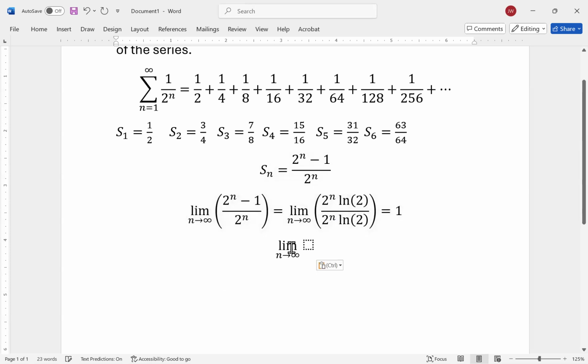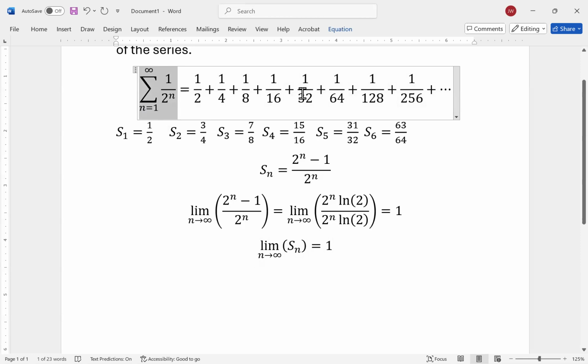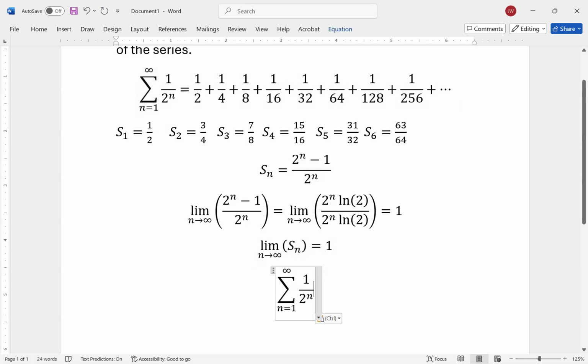So that means the limit of this sequence, this partial sums sequence that I've created, is equal to 1. And what we say is, therefore, this summation is actually equal to 1. So we say this infinite summation is equal to 1.